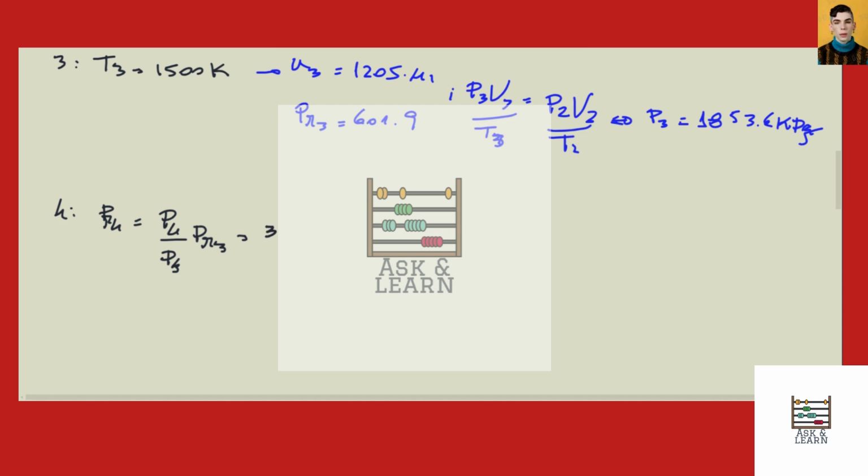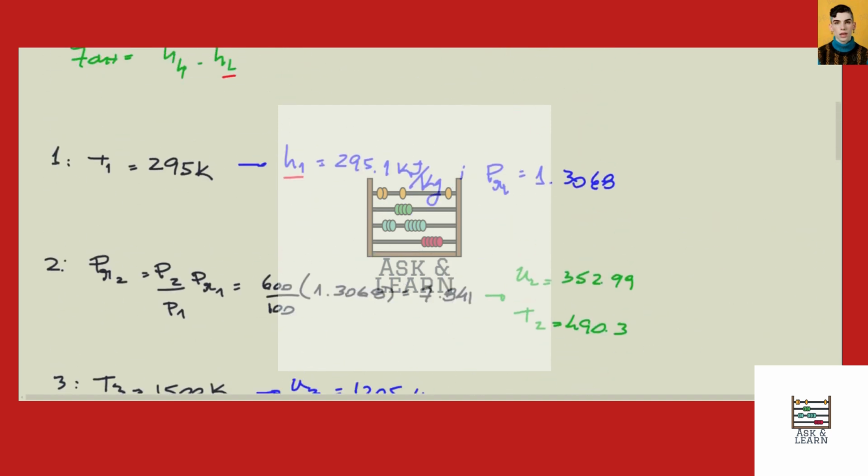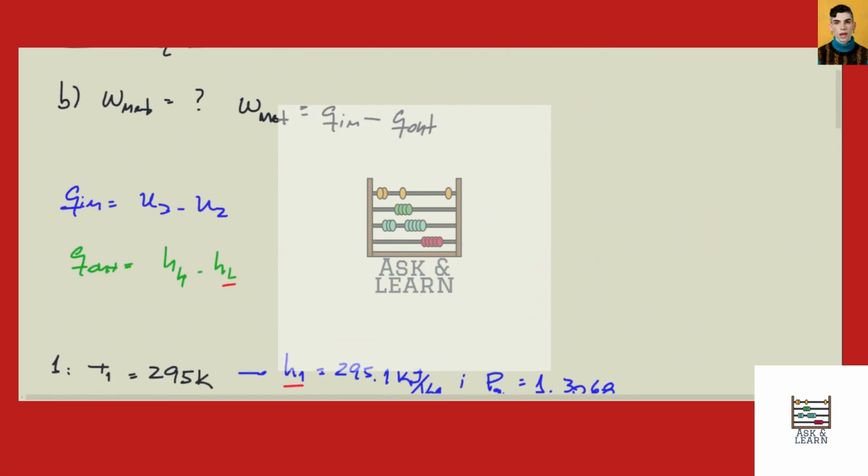This is just 32.79, which means that the enthalpy at point 4, looking in the table, is going to be 739.71 kilojoules per kilogram. Now, finally, we can calculate everything that we want.